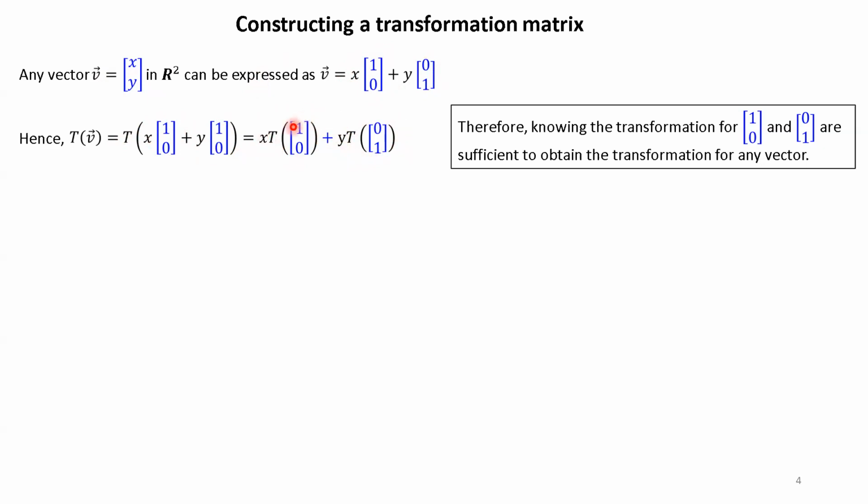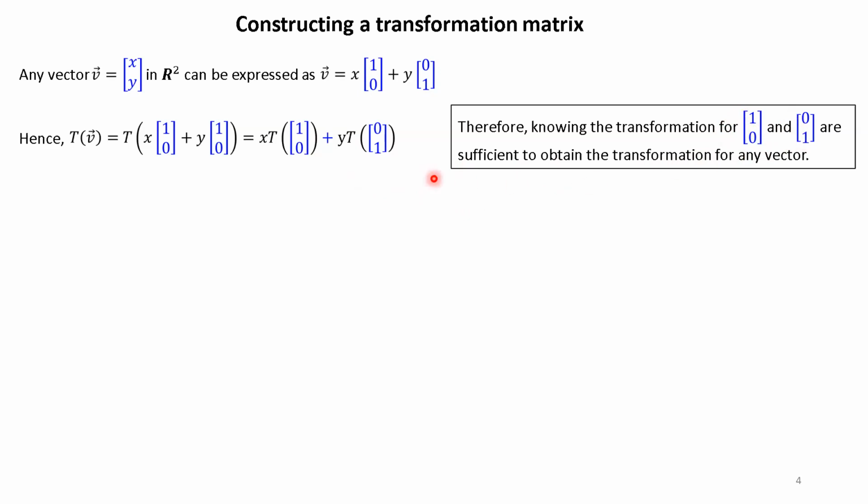So that means I transform the (1, 0) vector, multiplied by x, plus the transformed vector for (0, 1) multiplied by y. So if I tell you the transformation for (1, 0) and (0, 1), then you can tell me the transformation for any vector.